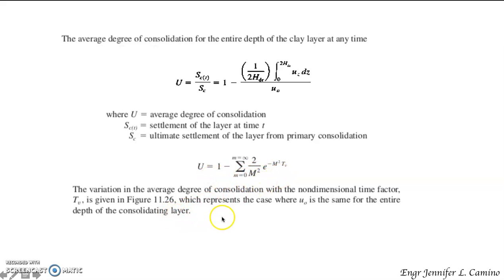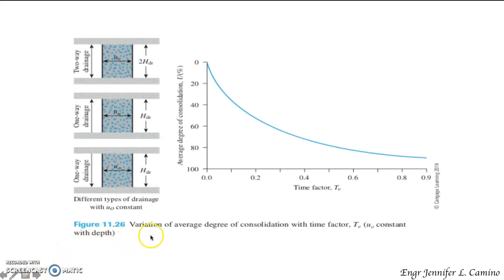So the variation of the degree of consolidation with the dimensionless time factor T sub v is given in figure 11.26, which represents the case where U sub O is the same for the entire depth of the consolidating layer. So we have here the variation of the degree of consolidation with time factor T sub v, with U sub O constant with depth.